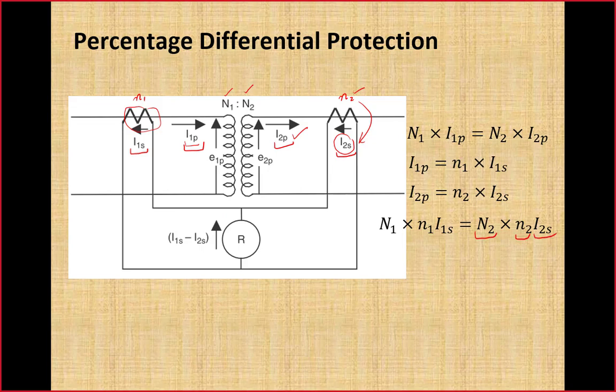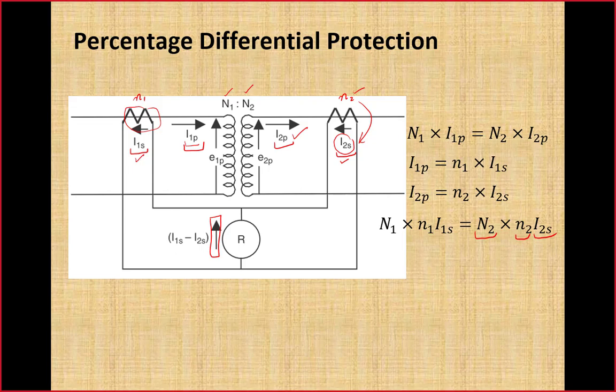Now in order to properly apply the differential relay during the normal operating condition, we want this current I1S and I2S to be exactly equal with each other. Only then is the difference current flowing towards the differential branch equal to 0 during normal condition.